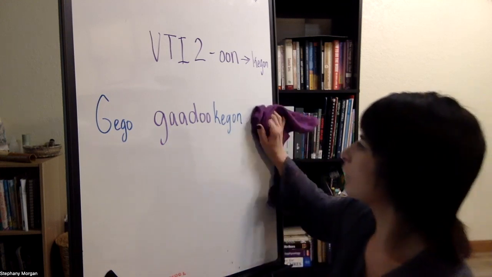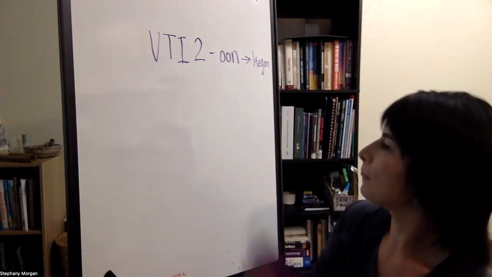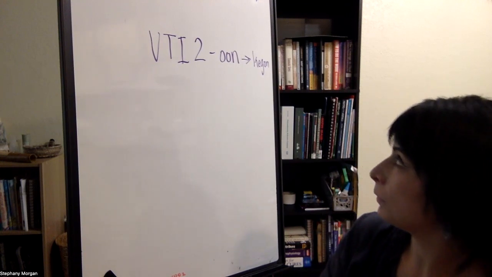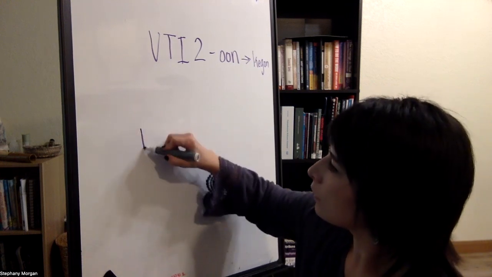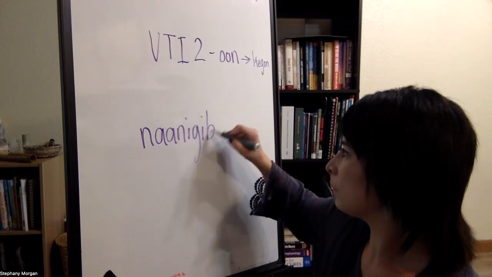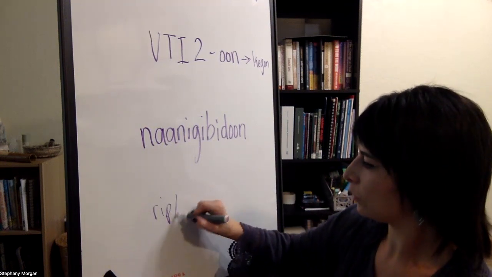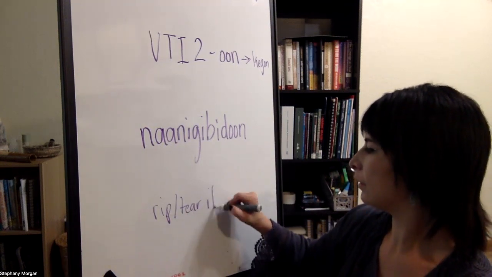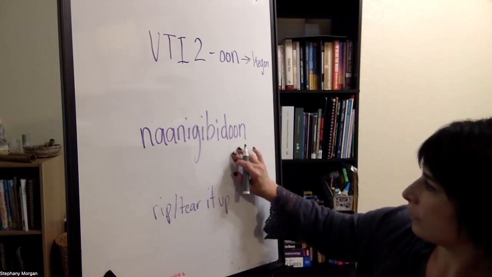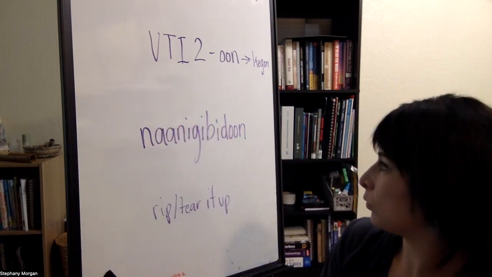Let's try another one. Nanigibadun, nanigibadun. Nanigibedun. This means rip or tear it up. We don't want them to do that. This is a single person. We want it to be a command to more than one person.